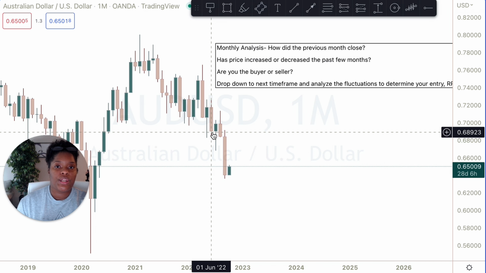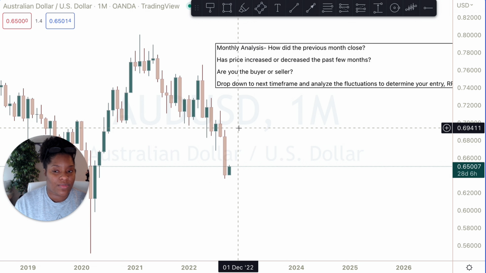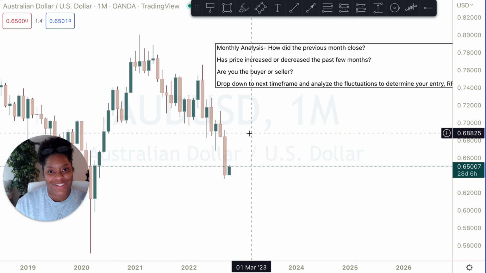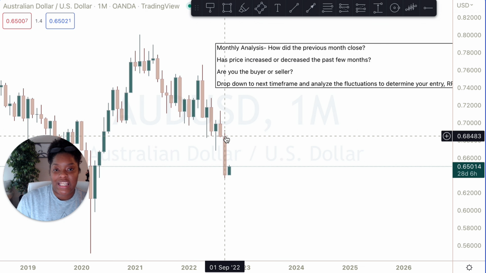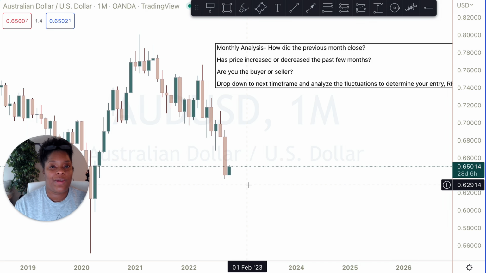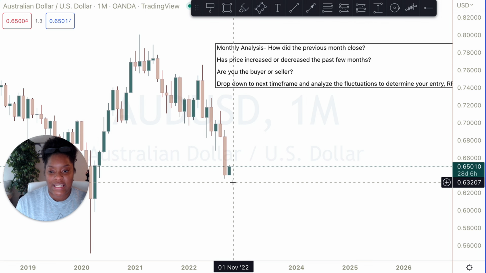What this lets me know is that there is a flow happening on a lower time frame that I can't really see on the monthly time frame, because they just look like red, green, red candlesticks, or in my case, peach, green. However, the flow of price is still continuing down. So the keyword is down, because there's been decreases in price, which means I want to be the seller. But sell from where is the question.